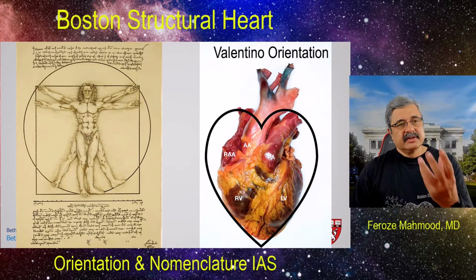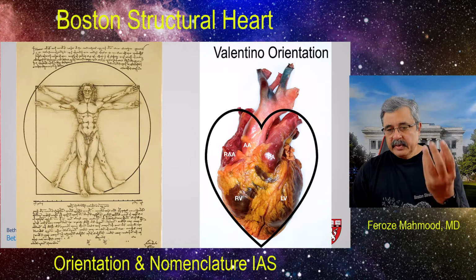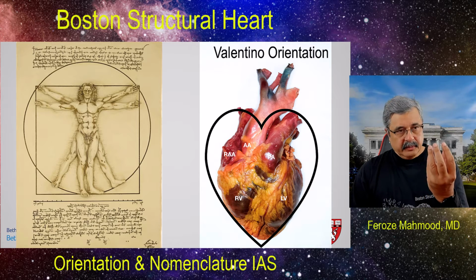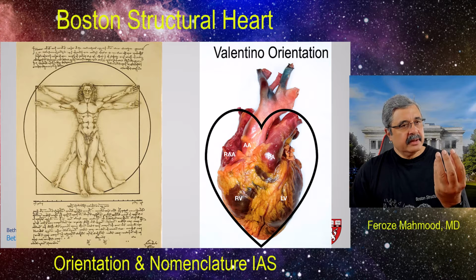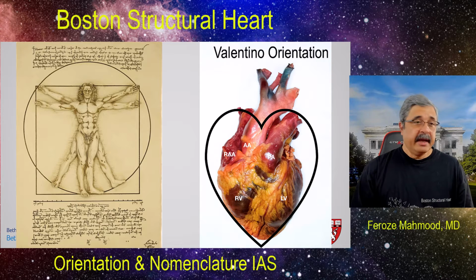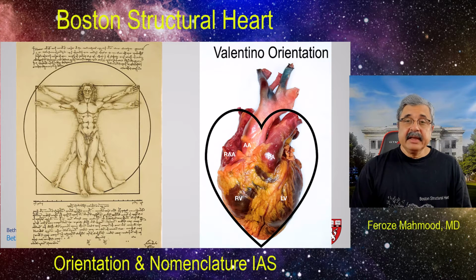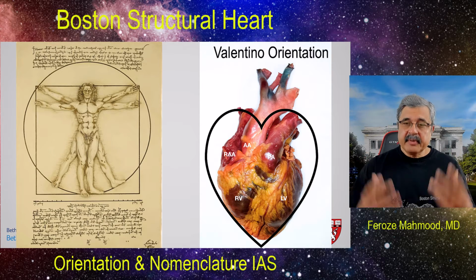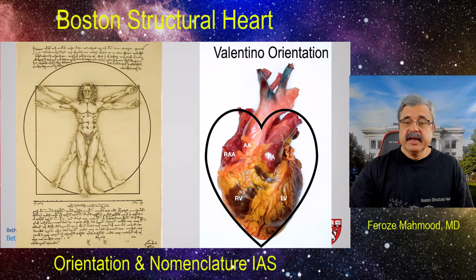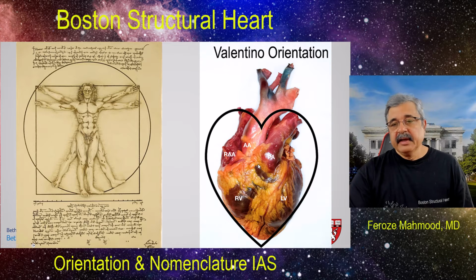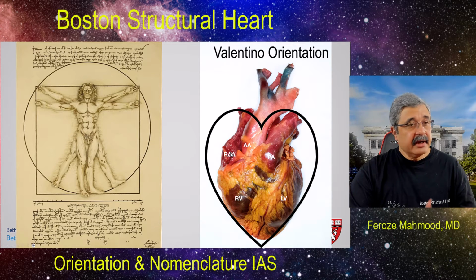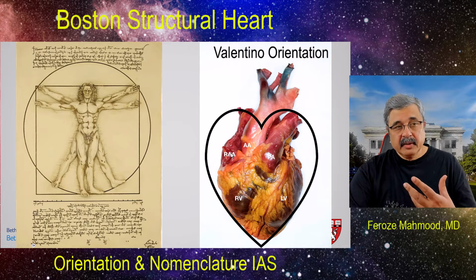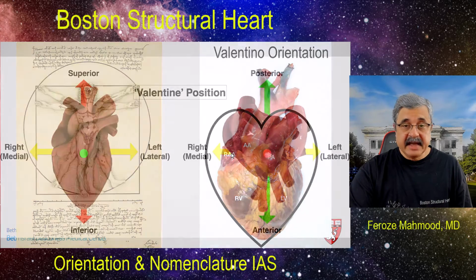and that is as though we are holding the heart in our hand with the apex of the heart pointed towards the ground. Now that, while anatomically an incorrect orientation, is how the anatomy and the terminology has become entrenched, giving rise to the right and left and superior, inferior, and medial and lateral terminology in cardiac anatomical description when it doesn't exactly exist.